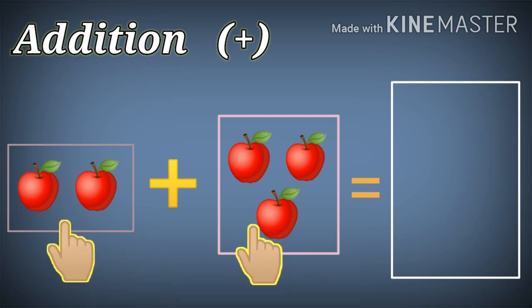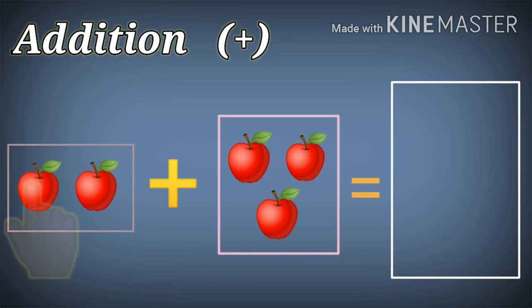Let's count with me. 1, 2, 3, 4, 5. 5 apples. So all together we have 5 apples in these 2 boxes.